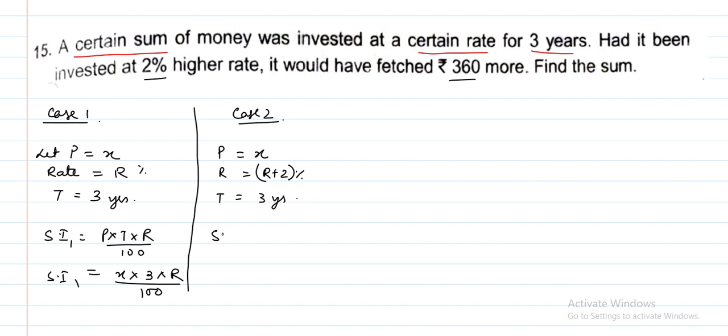So now we'll find SI2, that is simple interest 2 for case 2. Principal into time into rate by 100. Principal is X, time is again 3, rate is R plus 2 by 100.